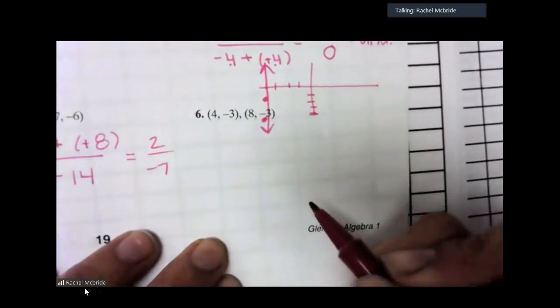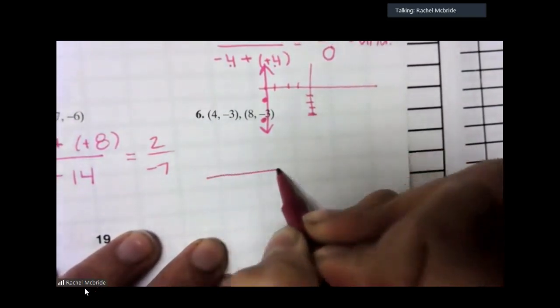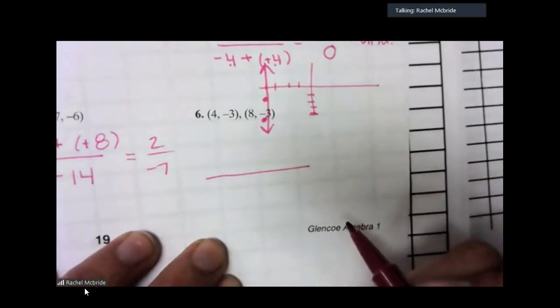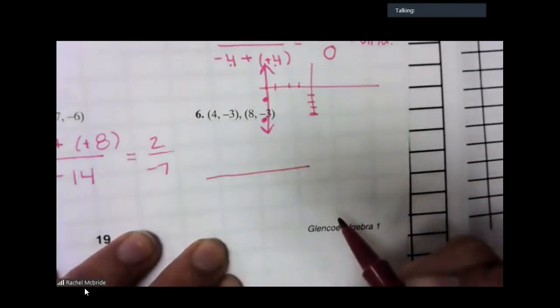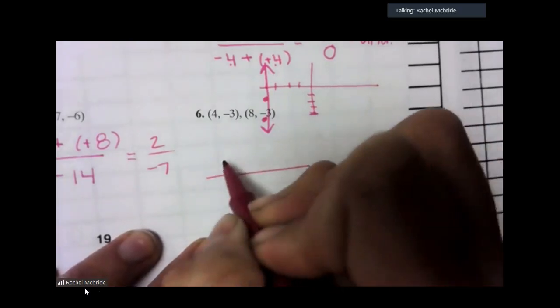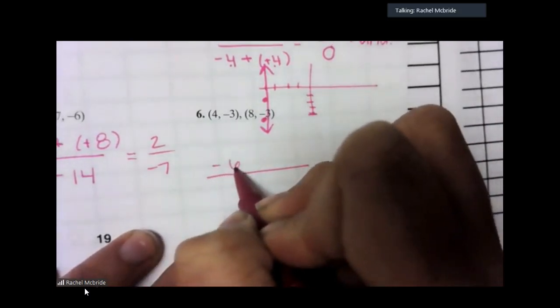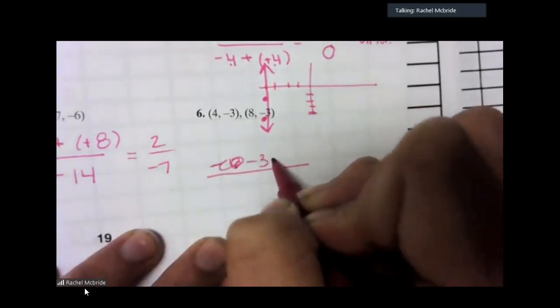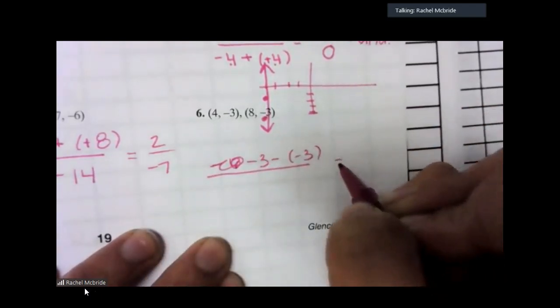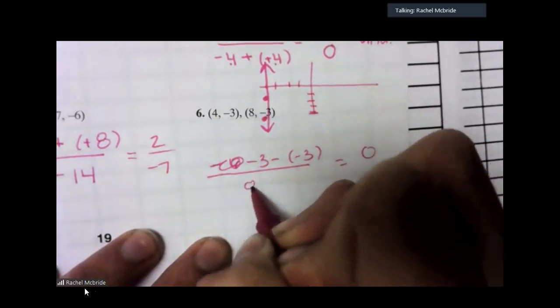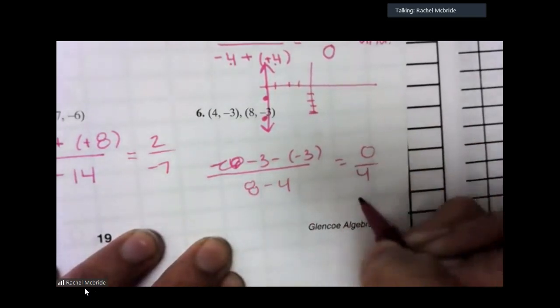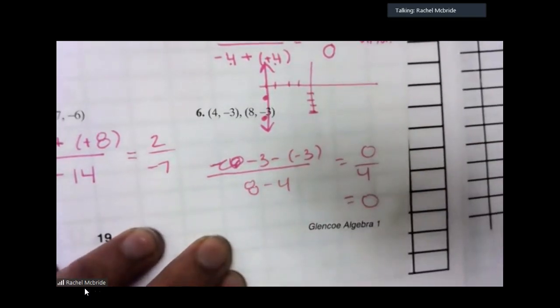Anybody want to volunteer for 6? Madison? I got 0 before, so that's just 0. Yep. So it's negative 3 minus a minus 3, which gave you a 0. 8 minus 4, which gave you 4, and that's exactly right, it's 0.